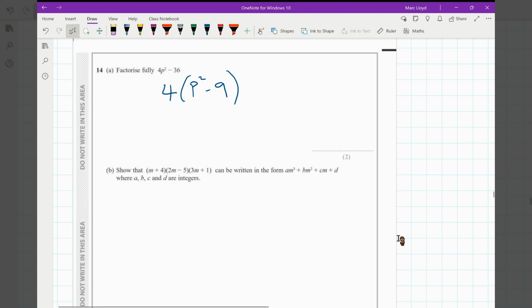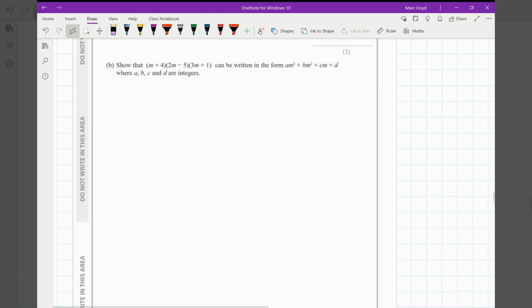There is a subtract symbol between them, so it's the difference of two squares. And that means what we'll get is we'll have 4 outside of the brackets. We'll have 2 brackets that start with p. They're going to end with 3. One will be positive and one will be negative, so as to then cancel out any p's that come through. So we've got 4, p plus 3, p minus 3.